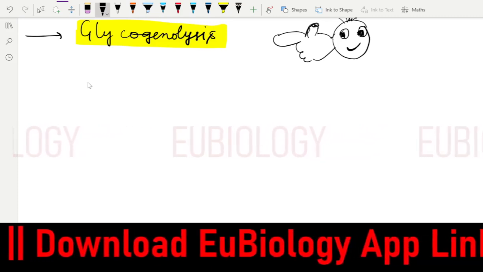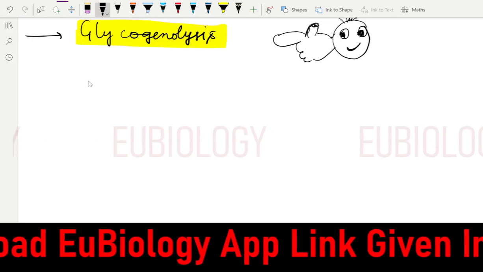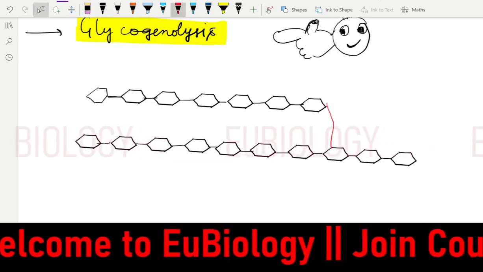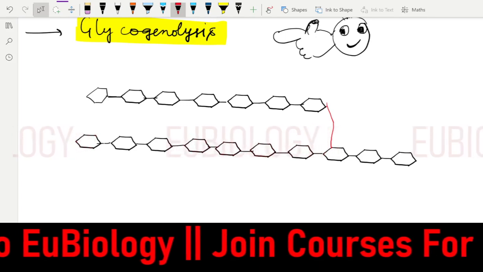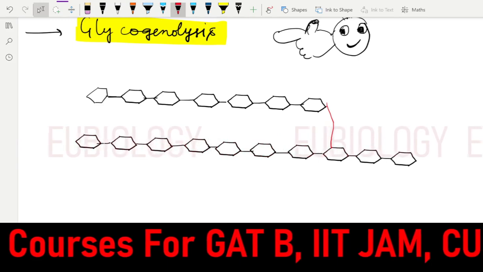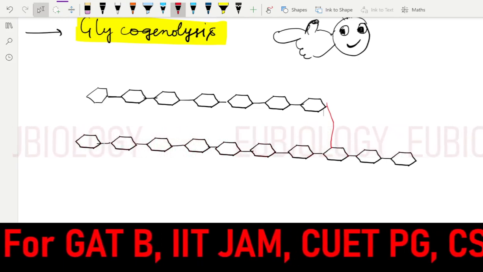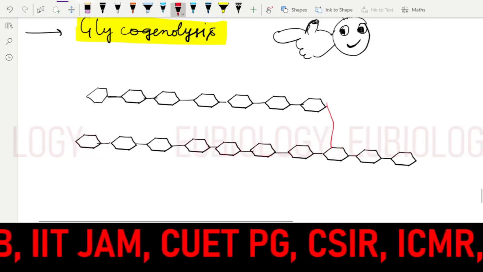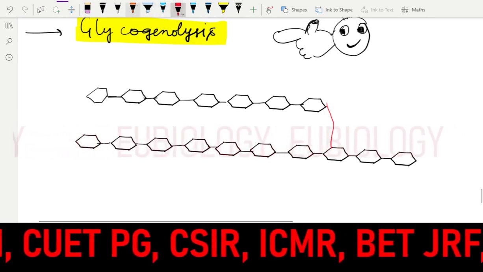So it looks like this. There is a chain of glucose. Two things you can see here.